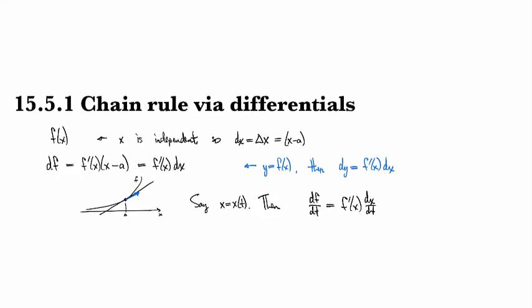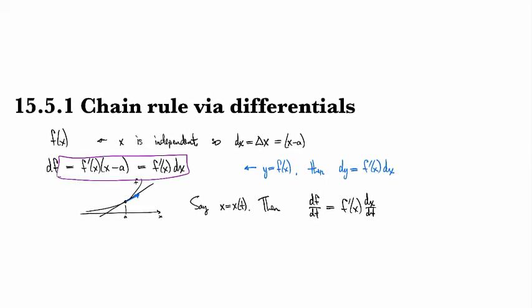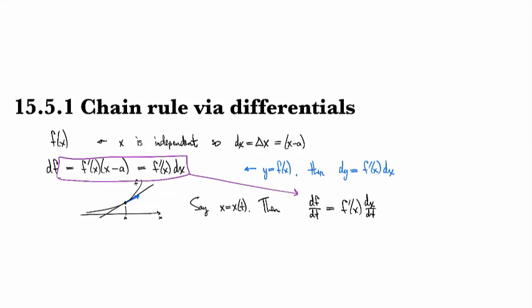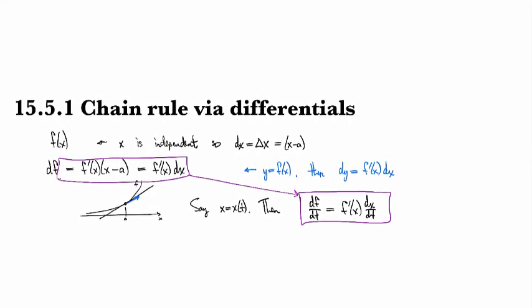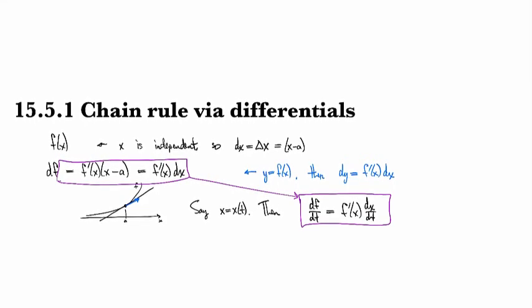So on the face of it, it looks like to get from this one to this one, we just divided by dt on both sides. And that's essentially what we did.